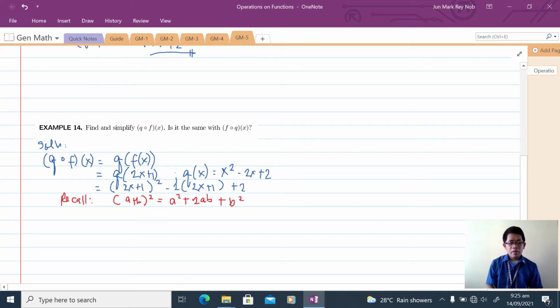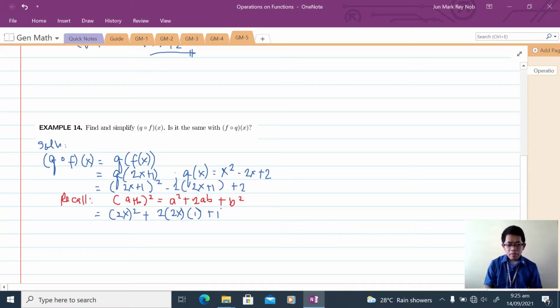Following this pattern, the square of 2x plus 1 is simply the square of 2x, plus the product of the terms 2x and 1 multiplied by 2, so 2 times 2x times 1, and then the square of 1.